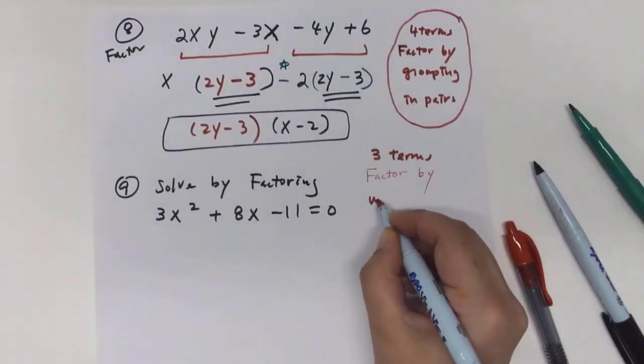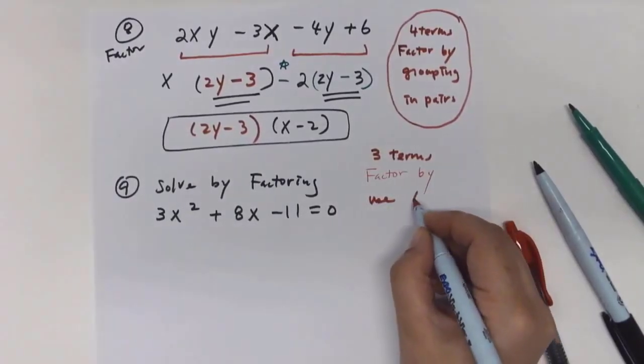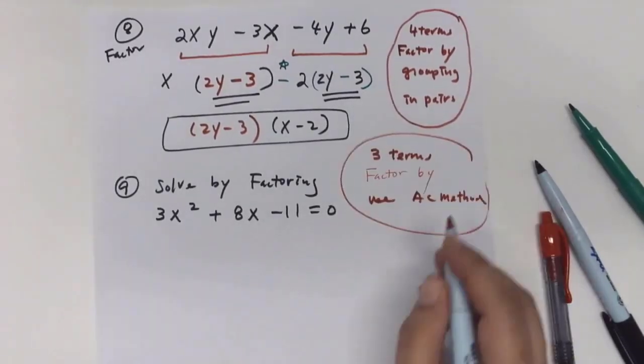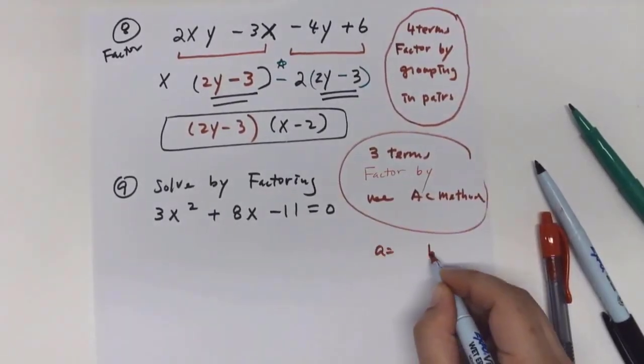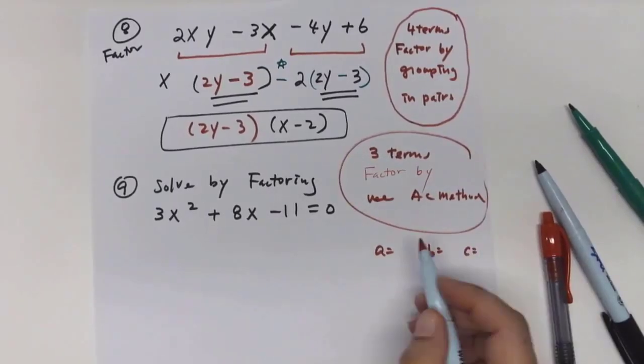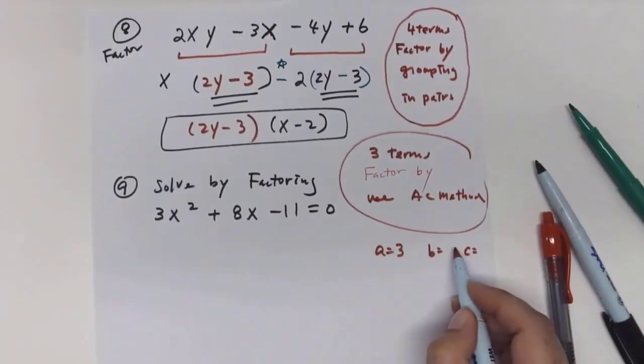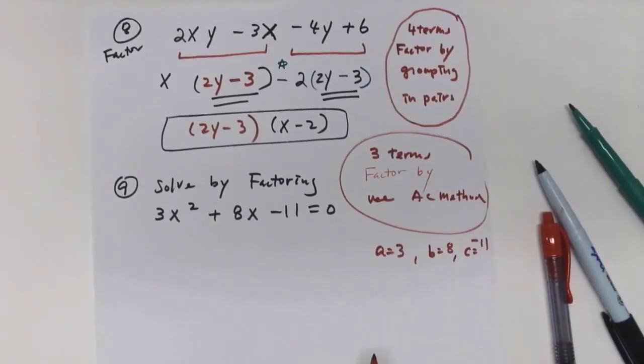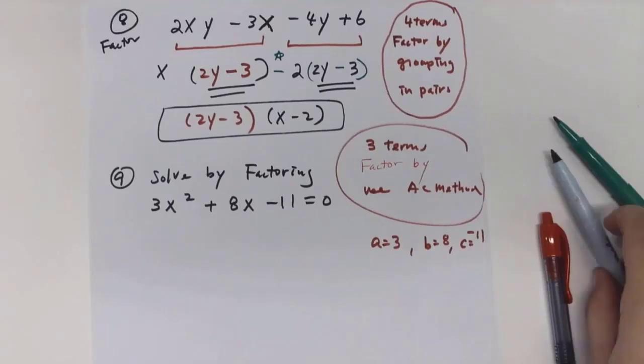We use the AC method, okay? AC method. What is A, B, and C? A is 3, B is 8, C is negative 11. Okay, so now I need to find two numbers.